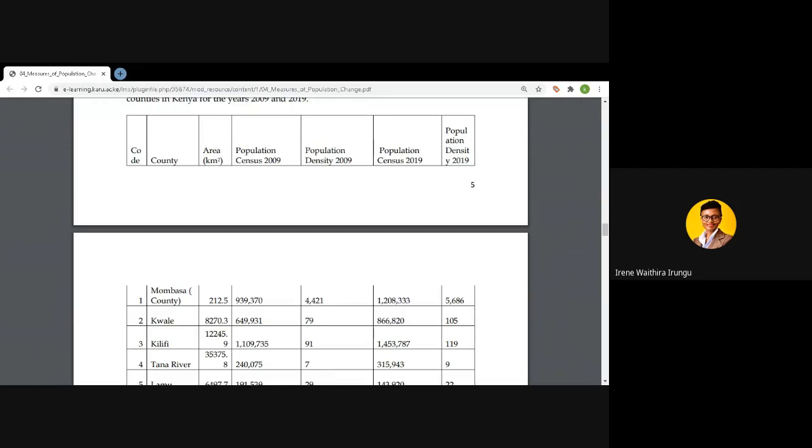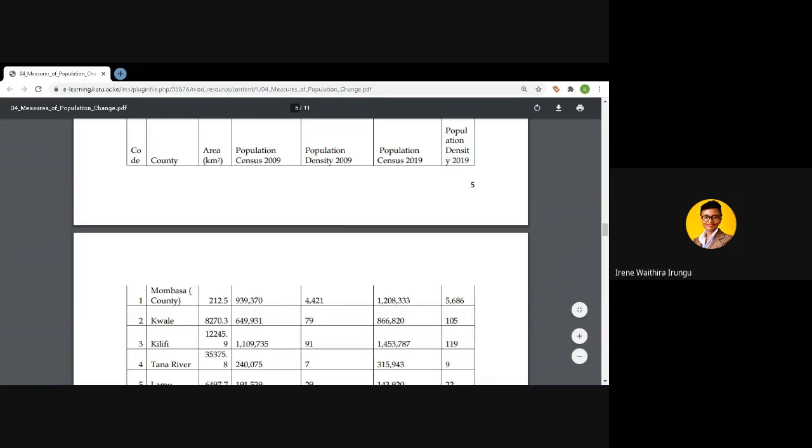It could be that there have been more births than deaths in that county, maybe due to improved healthcare. It can also be attributed to more employment opportunities within this county, which has resulted in this increase in the population density.